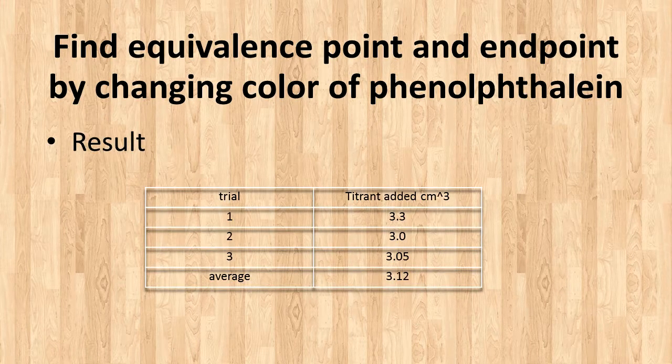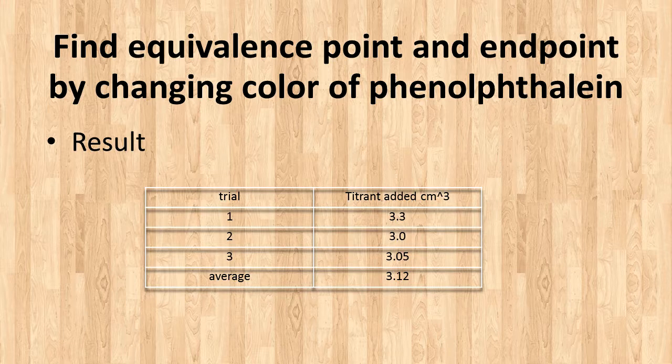Result: for the first trial, we use 3.3 ml of sodium hydroxide to titrate with hydrochloric solution. For the second trial, we use 3.0 ml of sodium hydroxide. For the third trial, we use 3.05 ml of sodium hydroxide.